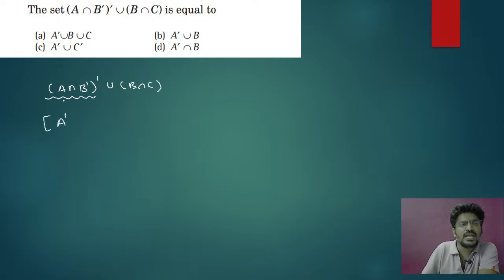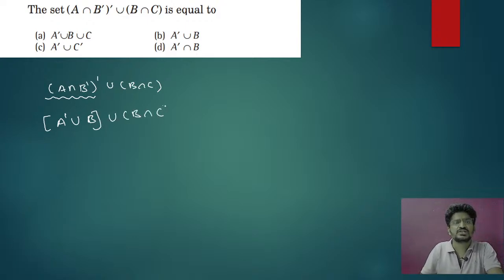A complement union B complement of complement. B complement of complement is what? B. Okay. So that's why I write B here. So by applying De Morgan's law, it will become like this: union as it is B intersection C.